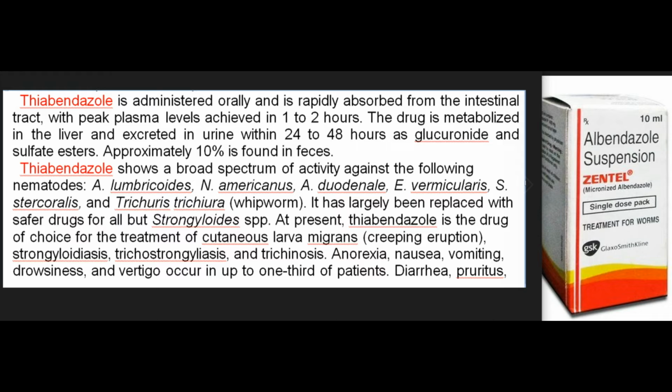It has largely been replaced with safer drugs for all but Strongyloides spp. At present, thiabendazole is the drug of choice for the treatment of cutaneous larva migrans (creeping eruption), strongyloidiasis, trichostrongyliasis, and trichinosis. Anorexia, nausea, vomiting, drowsiness, and vertigo occur in up to 1/3 of patients.